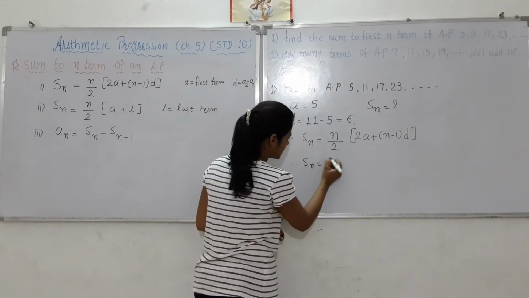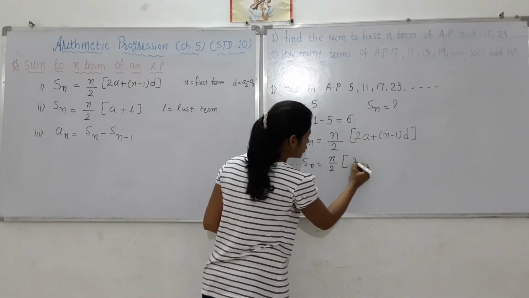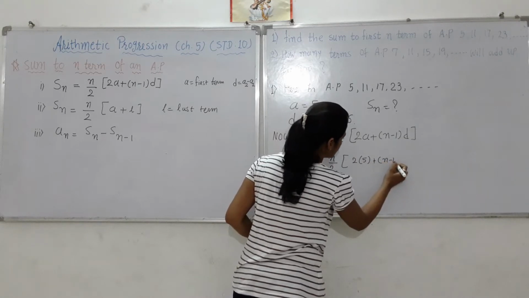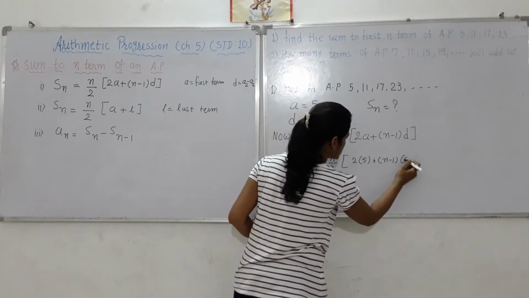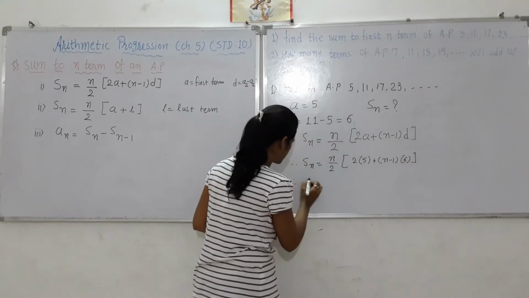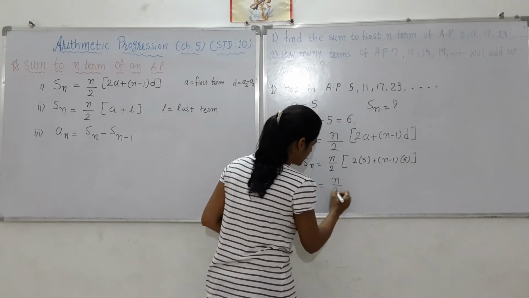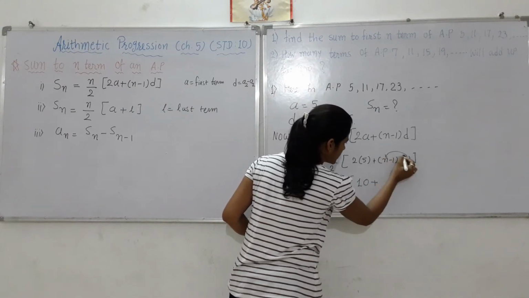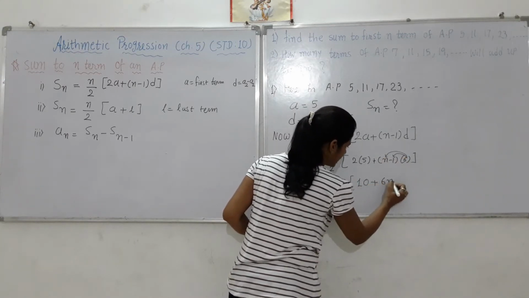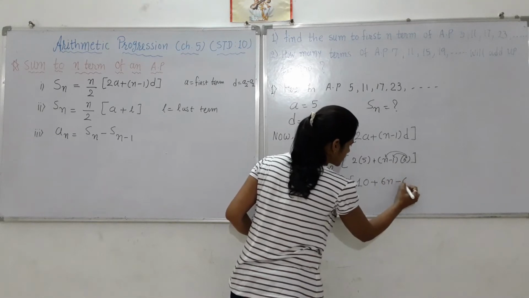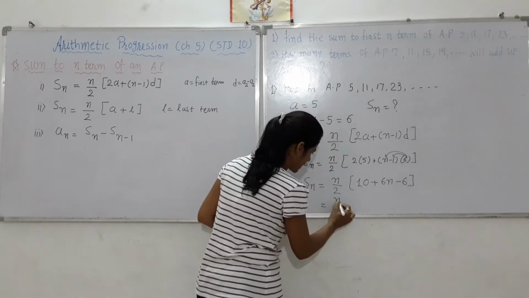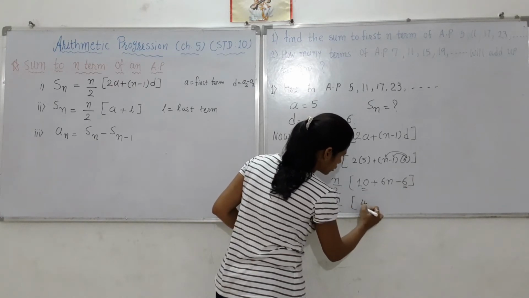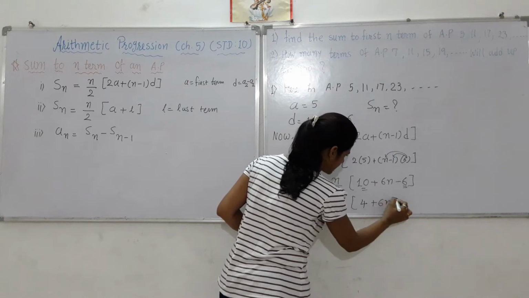So Sn is equal to n upon 2, 2 as it is, instead of a put its value 5, and as it is, instead of d put its value 6. Now simplify and convert Sn in the form of n. N upon 2, 2 fives are 10. Multiply 6 inside, 6 into n is 6n, and minus 6 ones are minus 6. So this is n upon 2 into (10 minus 6, that is 4, plus 6n).